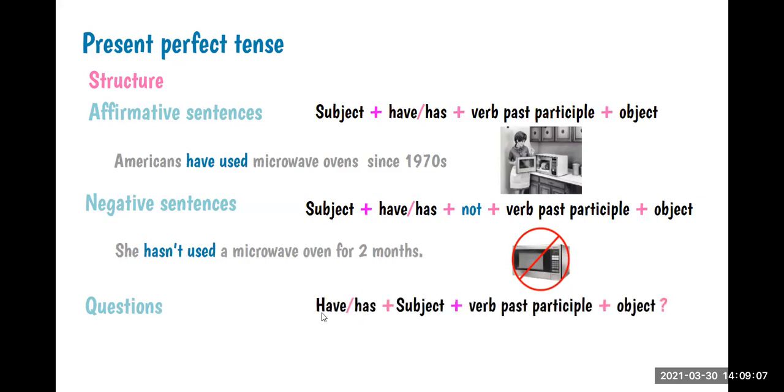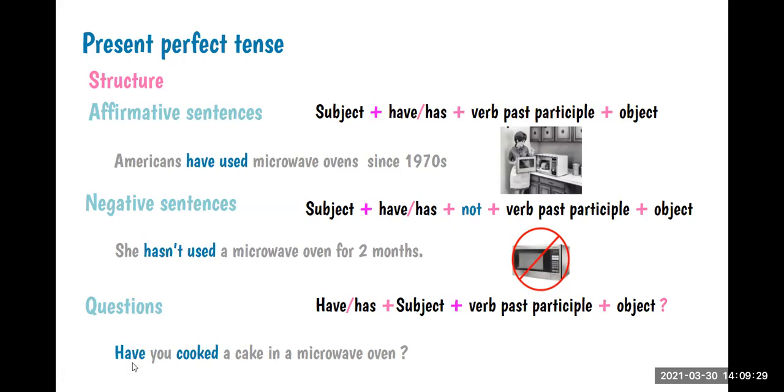So we can have or has, the subject, the verb in the past participle, and then the rest of the sentence. Could be an object or anything else. So here we have: have you cooked a cake in a microwave oven? Okay, so as you can see, we have the auxiliary verb first.